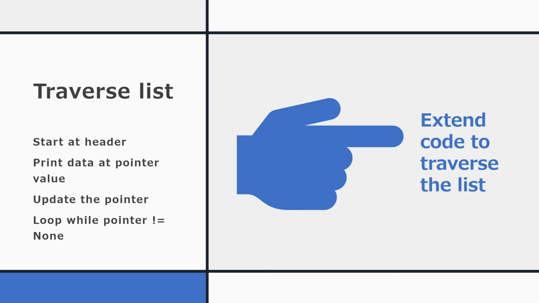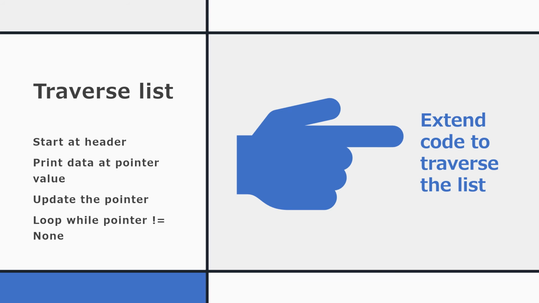Okay, so now we've created a short program that just prints out the first item in the list. Can we put this inside a loop so that we keep printing data and updating the pointer until we reach a place where the pointer is none or null?